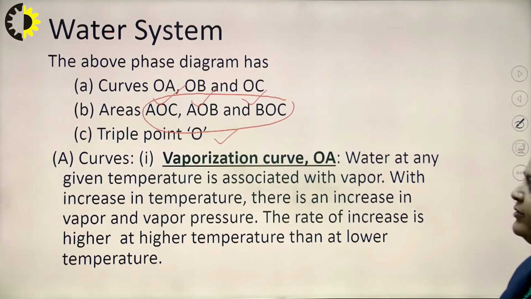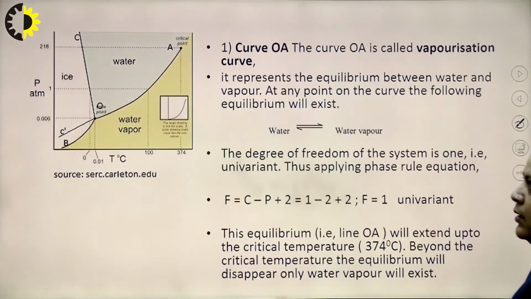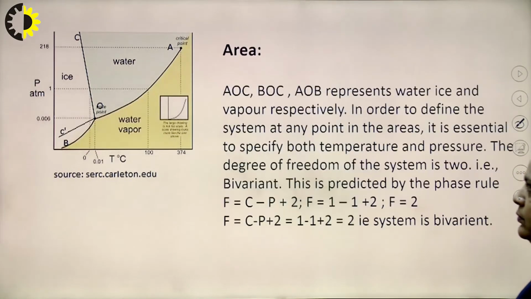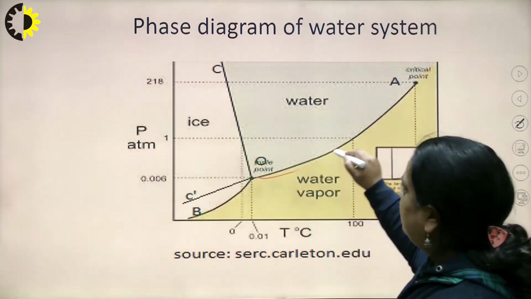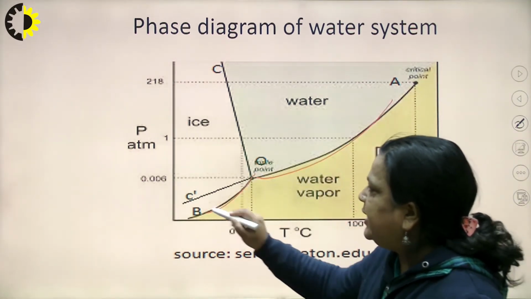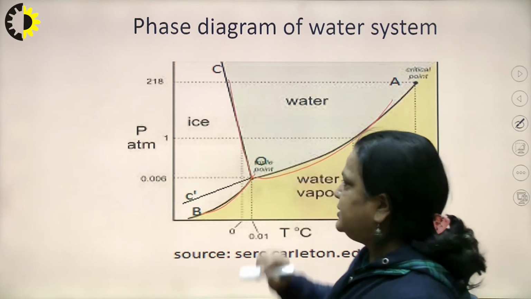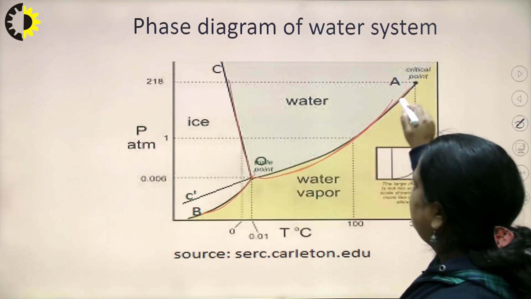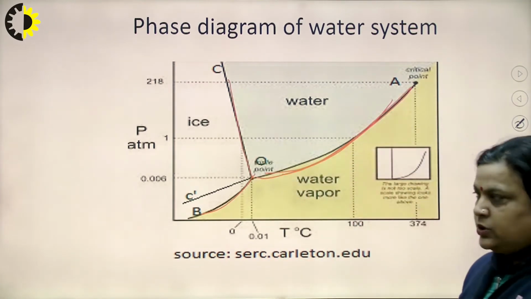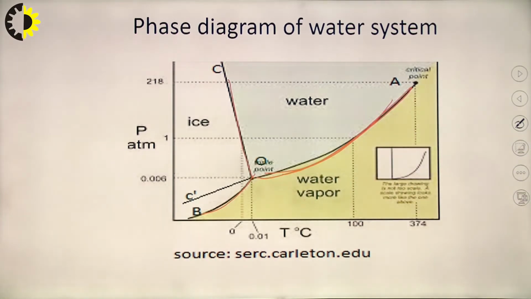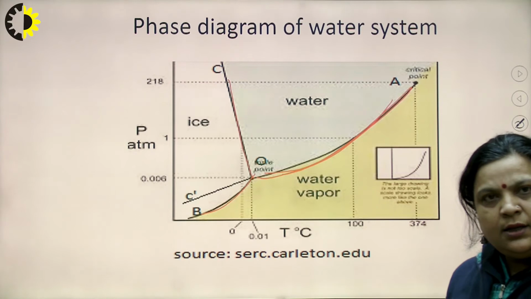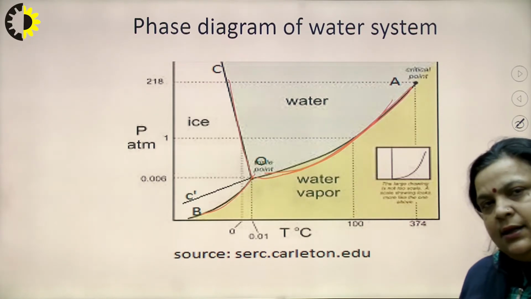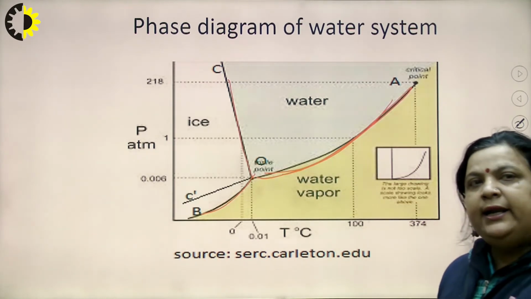So, let us first start from the vaporization curve OA. Suppose this. So, there are three curves: one OA, second OB and third OC. Along this curve, if we increase the temperature with pressure, the water gets boiled.